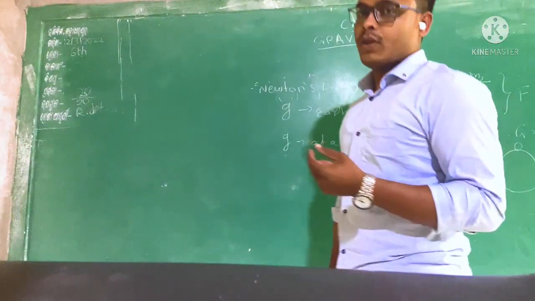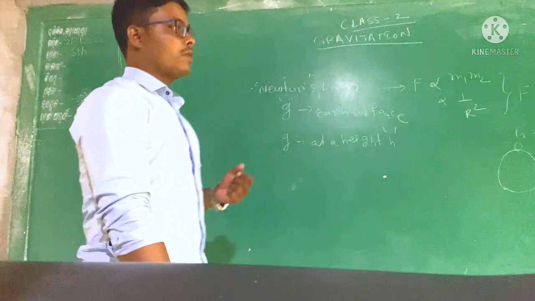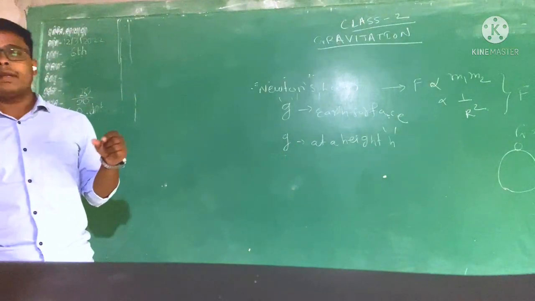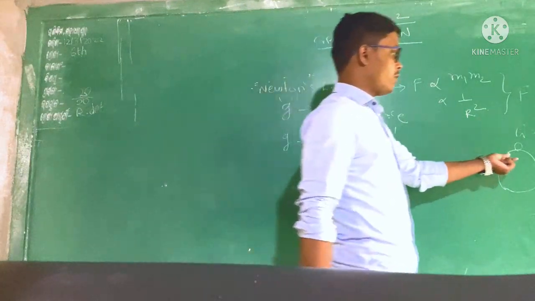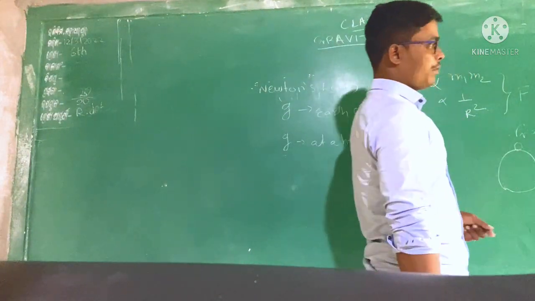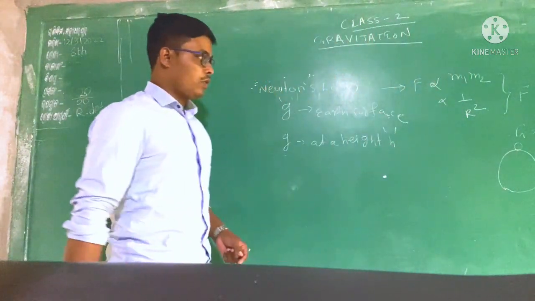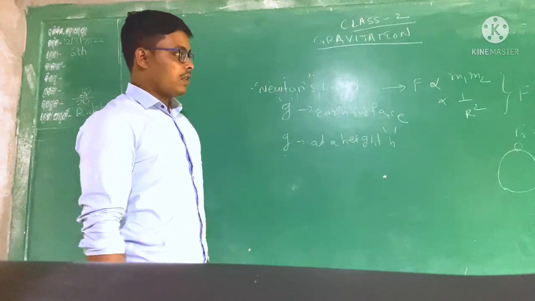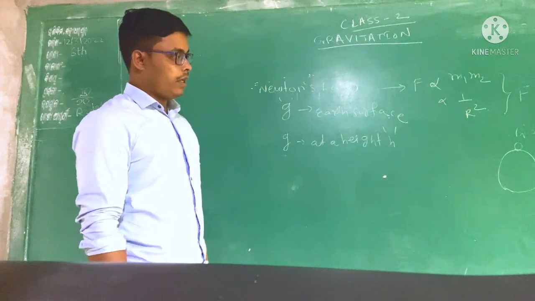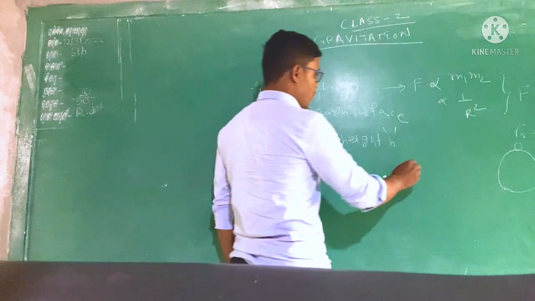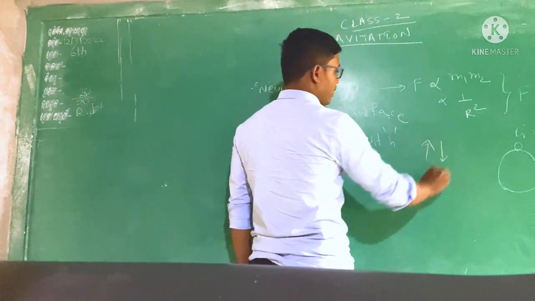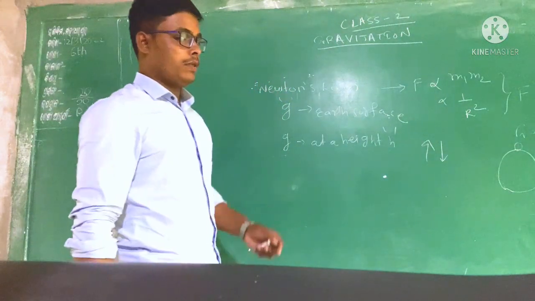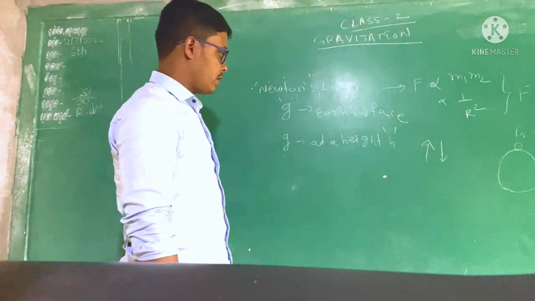So that's why, relative to our weight force, we can stay situated on the earth surface. Okay, so there is the vector form of the g value that we know. If we are moving upward, then that will be negative, and if we are moving downward, then that will be positive. So we have already discussed that.